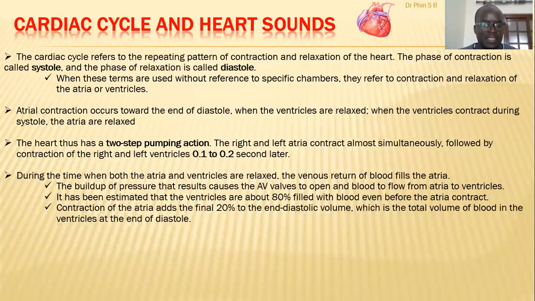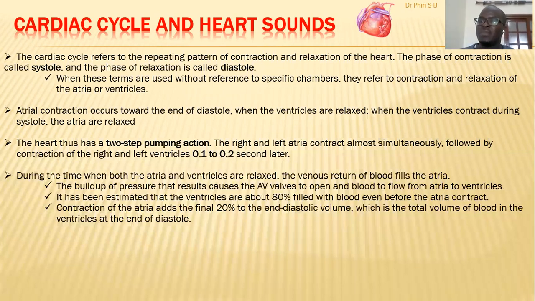It has been estimated that the ventricles are about 80% filled with blood even before the atria contract. So this passive movement of blood accounts for about 80% of the blood moving into the ventricles. Then the contraction of the atria will add the final 20% of end diastolic volume, which is the total volume of blood in the ventricles at the end of diastole, or at the end of relaxation.